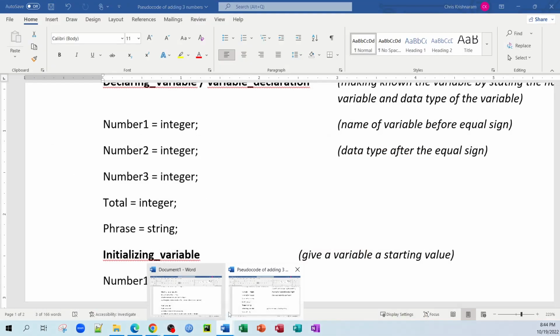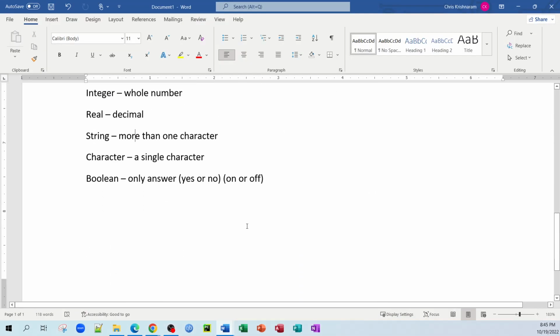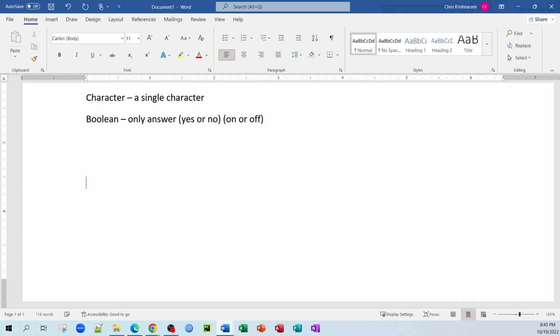Let me get a Word document open. Good. I'm going to make it simple. We have a whole number. Can you store a whole number into a decimal number?